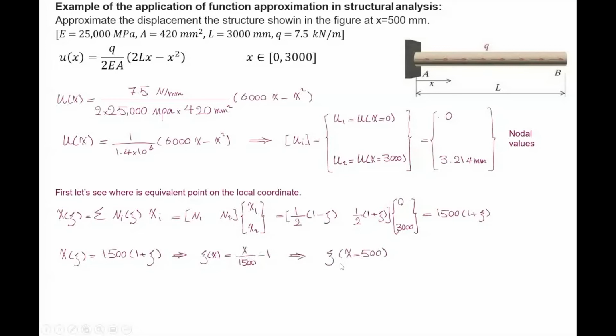All right, now I want to see what is the value of psi at x equal to 500. I would plug that into this equation, and that would give us negative 0.666.